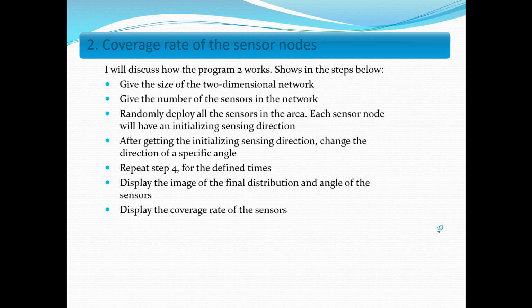After getting the direction, change the direction to a specific angle, and repeat step 4 for the defined number of times. Finally, I can display the image of the final distribution and the angles of the sensors. Then I can display the coverage rate of the sensors, which here is the detection probability.